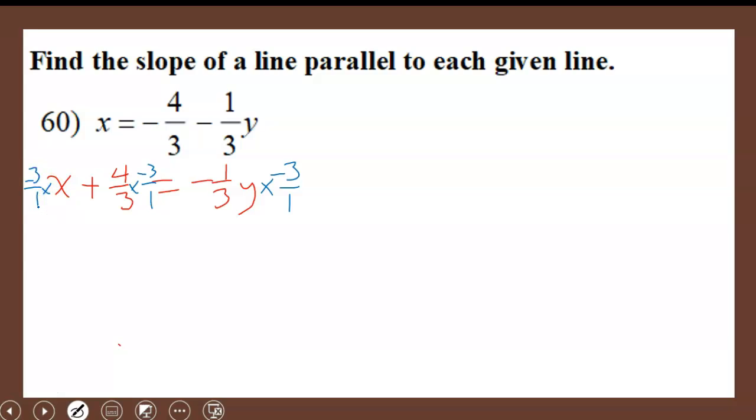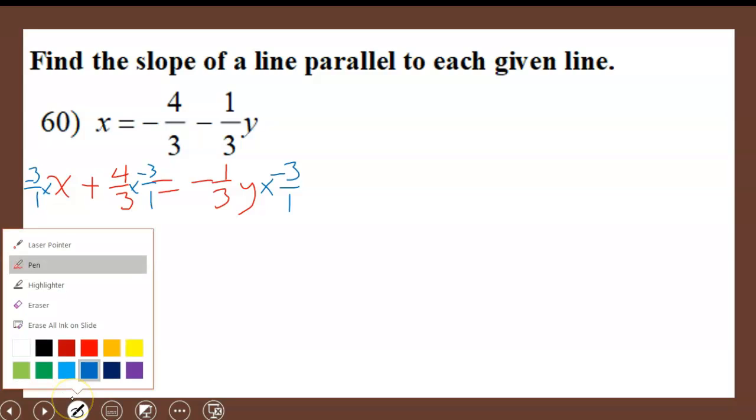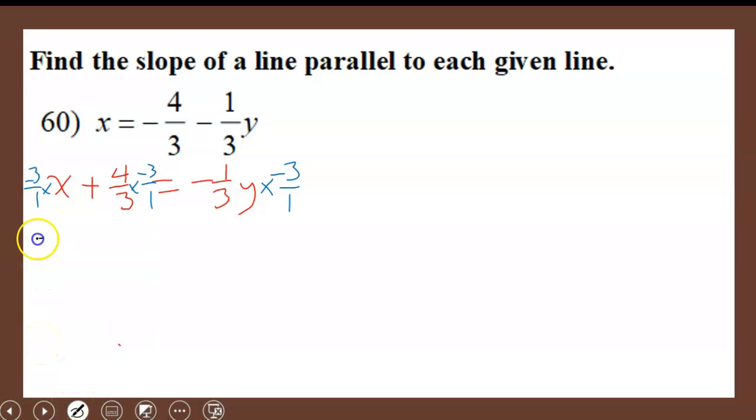So multiply everything by negative 3. And so this is going to be negative 3x. And negative times positive is negative, but the 3 will cross out itself here because this is multiplication. Again, if you like, you can put parentheses here so you don't mix things up.